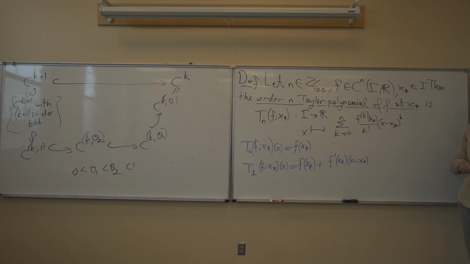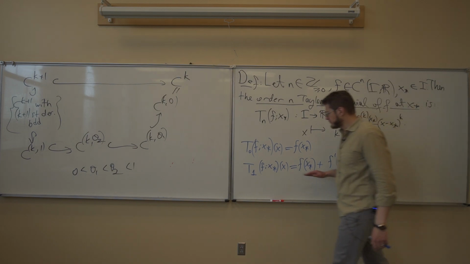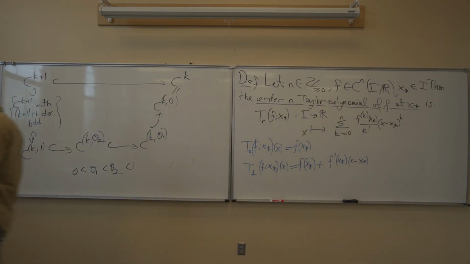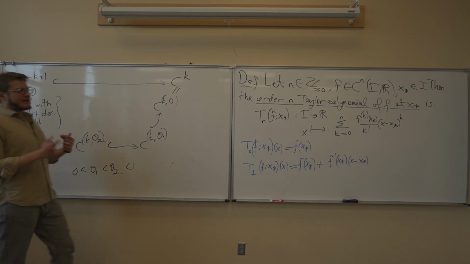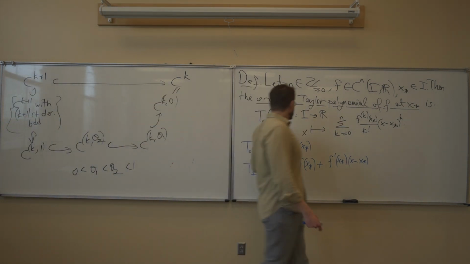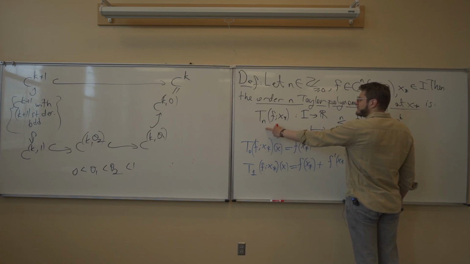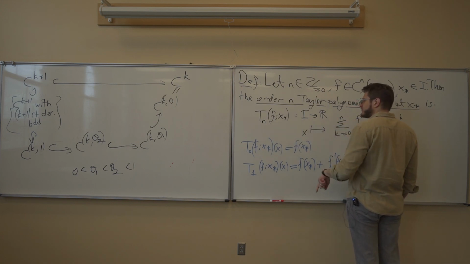Now, to make this similar to our notation from before, because we have seen this before, instead of using x, let me change the variable, because the way I'm imagining this is that at the very least, this should be an approximation for f when x is near x star.